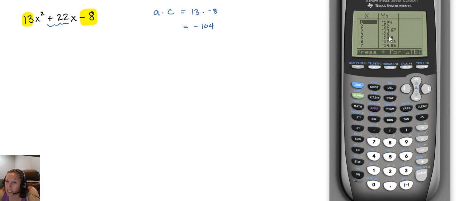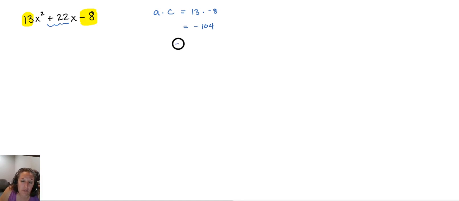Now 4 and negative 26 give us a negative 22. So we can just flip that, or we can scroll all the way down to 26 and see that 26 is matched up with negative 4. We know, just like we saw in the last one, we can just put that negative on the other term. And so the two numbers that we're looking for are a negative 4 and a positive 26.